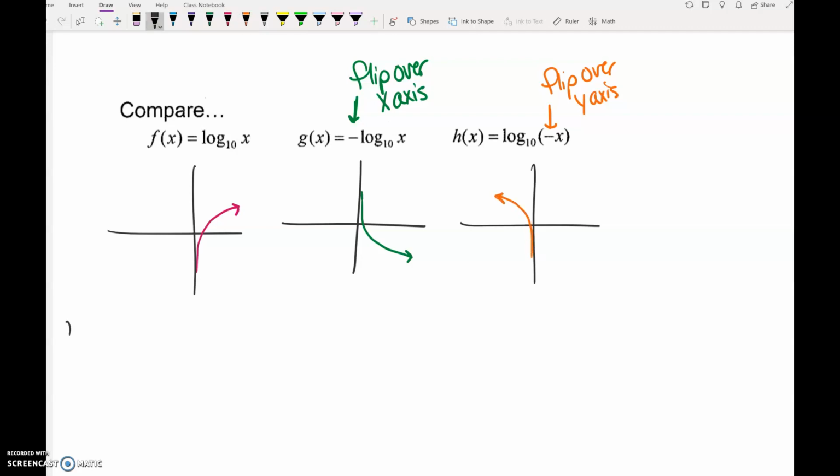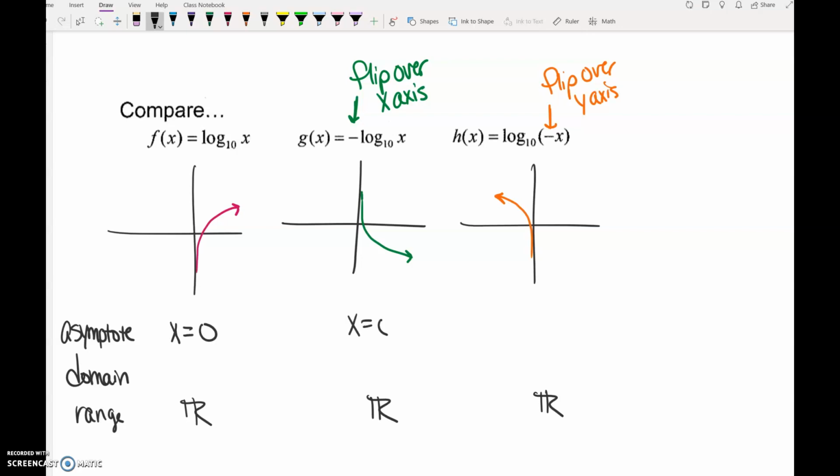Now, how does this affect the asymptote, the domain, and the range? Nice thing is the range for all of these is going to be all real numbers. The asymptote for all of these is going to be x equals 0. We didn't move this side to side, so the asymptote didn't change.